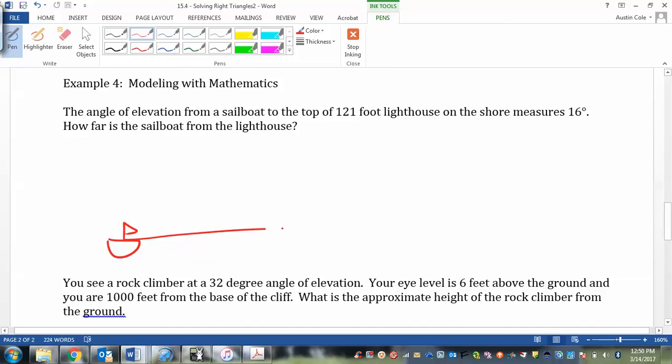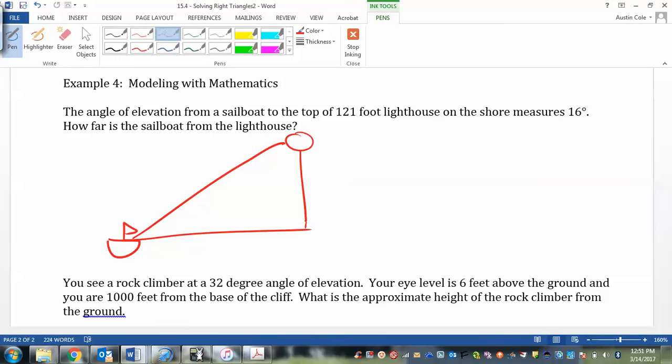So I'm looking up at the top of a lighthouse. How tall is the lighthouse? 121 feet. Okay. Our angle of elevation is going to be right here, 16 degrees.